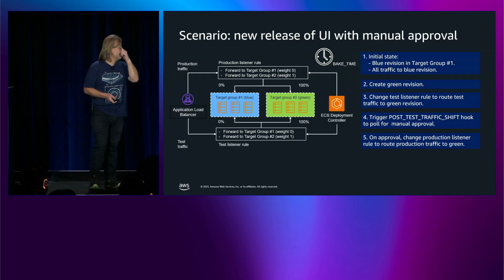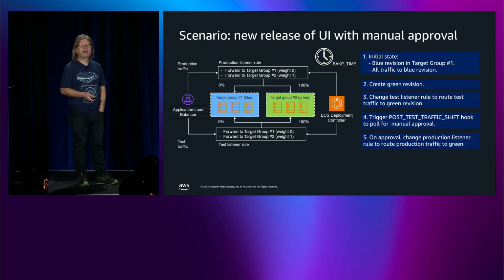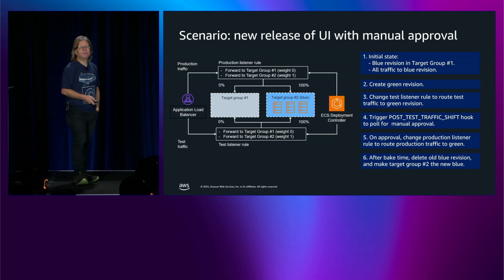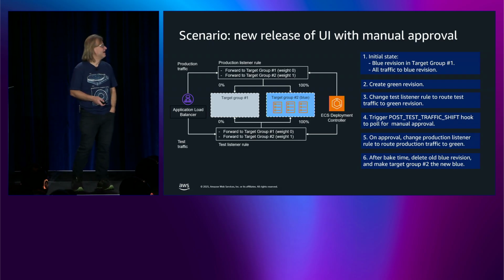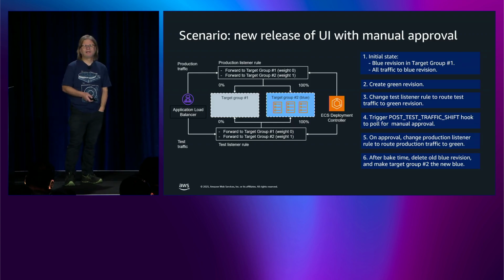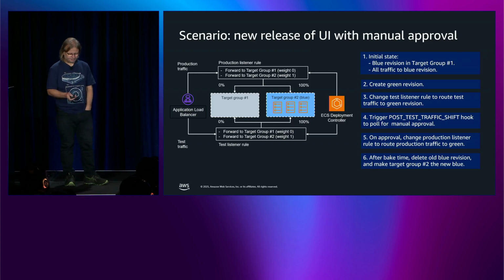So during this time, we now have traffic flowing to the green environment, but with the blue still waiting just in case we need to roll back. And then finally, assuming we complete bake time without rolling back, the last stage, as I said, is cleanup. So that's where we scale down the old blue and the green becomes the new blue.